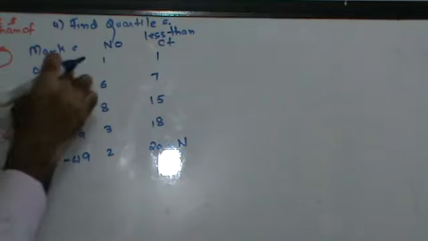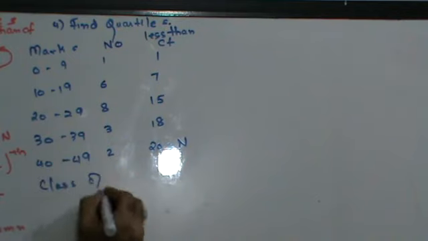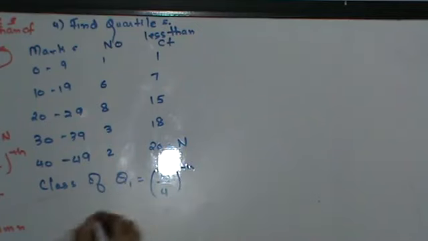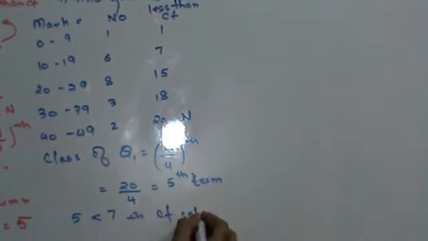Please observe very carefully, guys, here the class interval is not continuous. First thing that you have to do is find out class of Q1. Class of Q1 will be N upon 4th term. So N is 20 upon 4, that is the 5th term. 5 is less than 7 in the CF column.